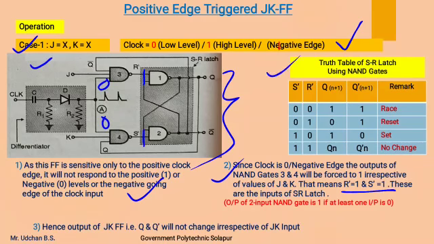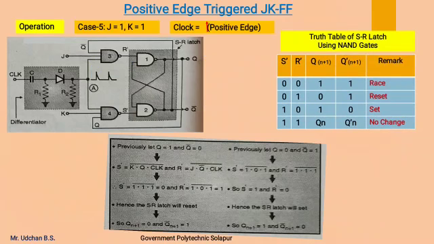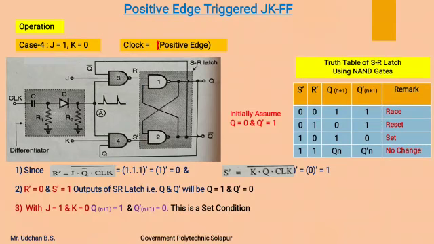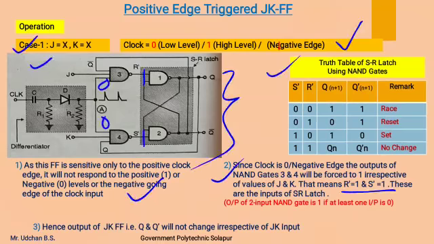If you observe the truth table of the SR latch using NAND gates, when R dash and S dash are both 1, the output is not going to change. Therefore when the clock is at low level, high level or negative edge, the output will remain in the previous state, irrespective of the JK input.